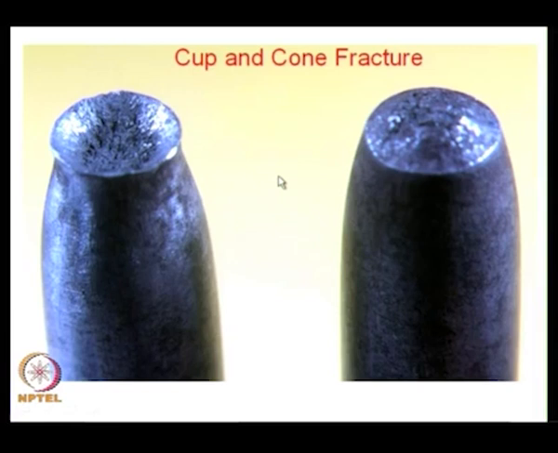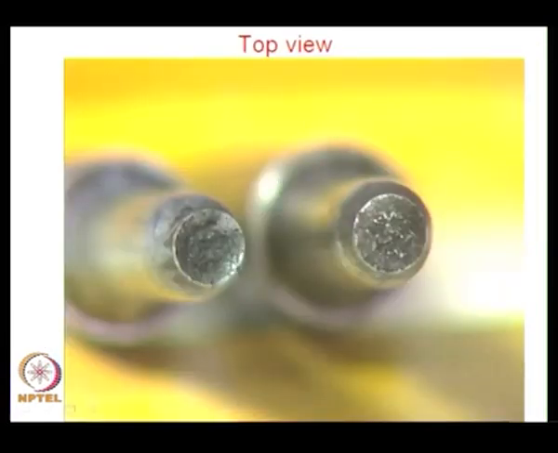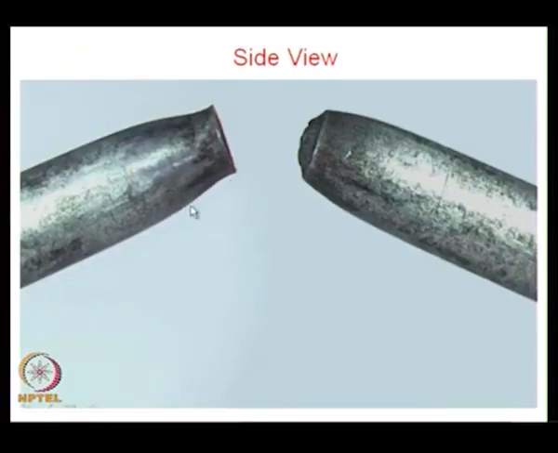You also have a top view. So, this shows that you have a cup and you have a cone, and there is also a nice side view. So, you have the necking region very clearly seen, and this is a cup and cone failure.